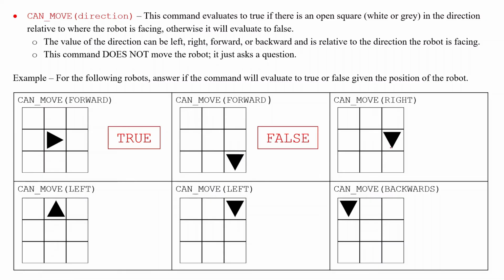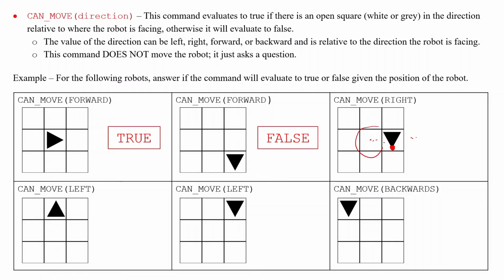Now, when it asks if it can move right, in order to move to the right, we would have to rotate and move forward. So when you think of this question, think, is the space to the right of the robot available? If my robot's facing here, which direction is off to the right? Again, orient yourself.